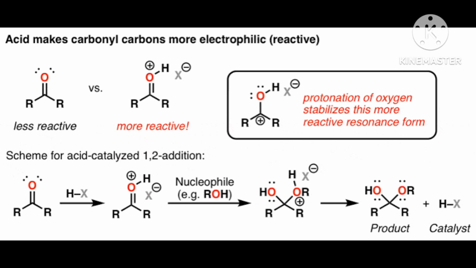Now come to the third point, where I will discuss some important examples of nucleophilic addition and nucleophilic addition-elimination reactions. On the basis of what I discussed, I am going to discuss some examples.